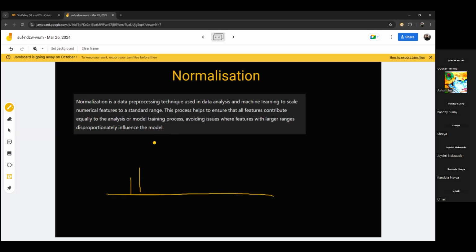Some data is very large, some data is very small, right? Even on the negative side also we have very big or small data, right? So what we have to do, we have to convert it in a very normal way, right?